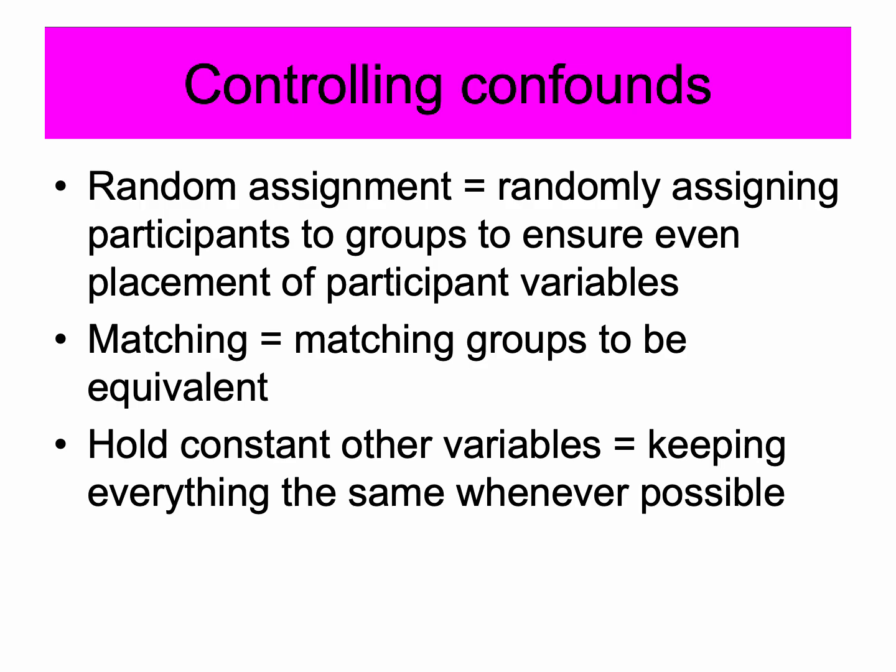Because there could be something just as minor as a room difference that's causing an overall difference in the exam scores that we're seeing. And it may not be due to our teaching method. So again, with confounds, the best way to minimize them is to keep everything the same whenever possible.